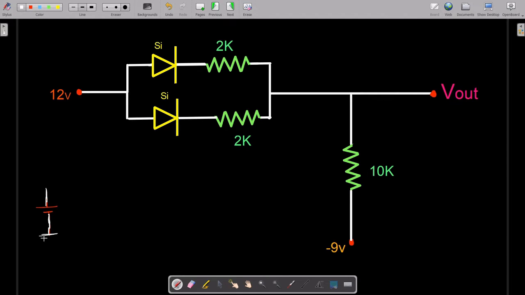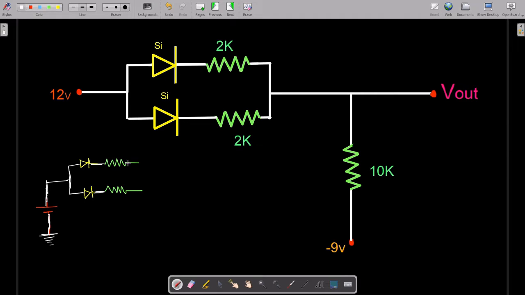Then I will connect these two diodes in this particular manner, in a similar manner as in the above circuit. And then I will connect the resistor in series with each of the diodes. So these are those resistors, as you can see.